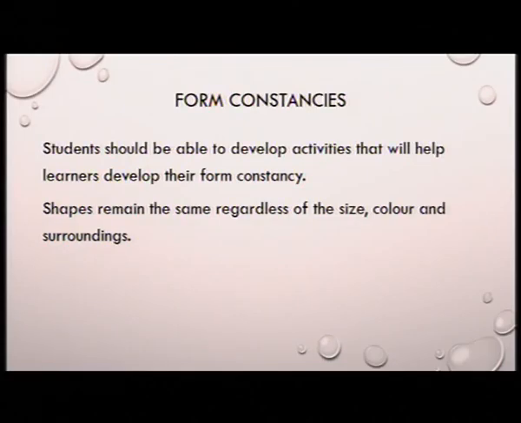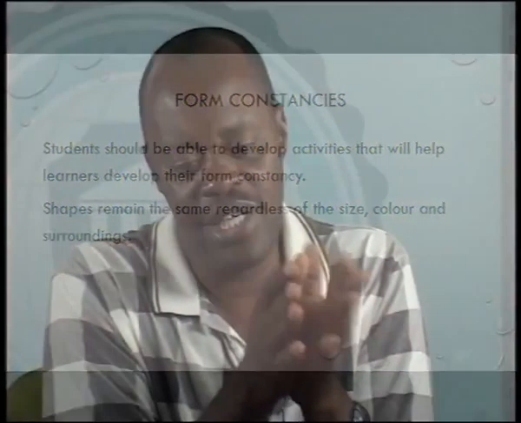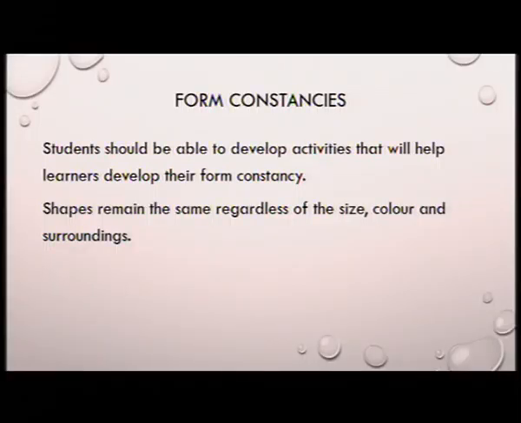In other words, whether you have a triangle and it's pink, the other one is yellow, it is still the same form or shape, which is called a triangle. Whether one triangle is small and the other big, they are all triangles. That is when we talk about form constancy.